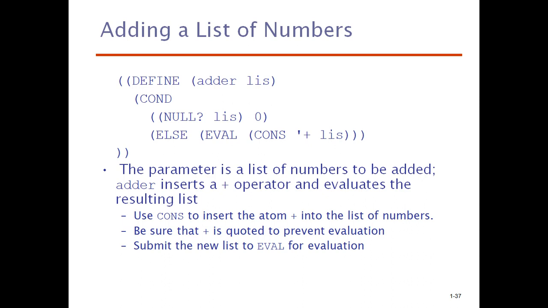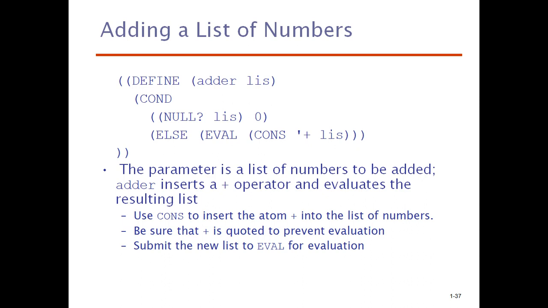Thereby it will print the sum of 1, 2, 3. That means any expression should be written in the prefix form. So it will automatically convert into the expression, then print the result. So the parameter is a list of numbers to be added.